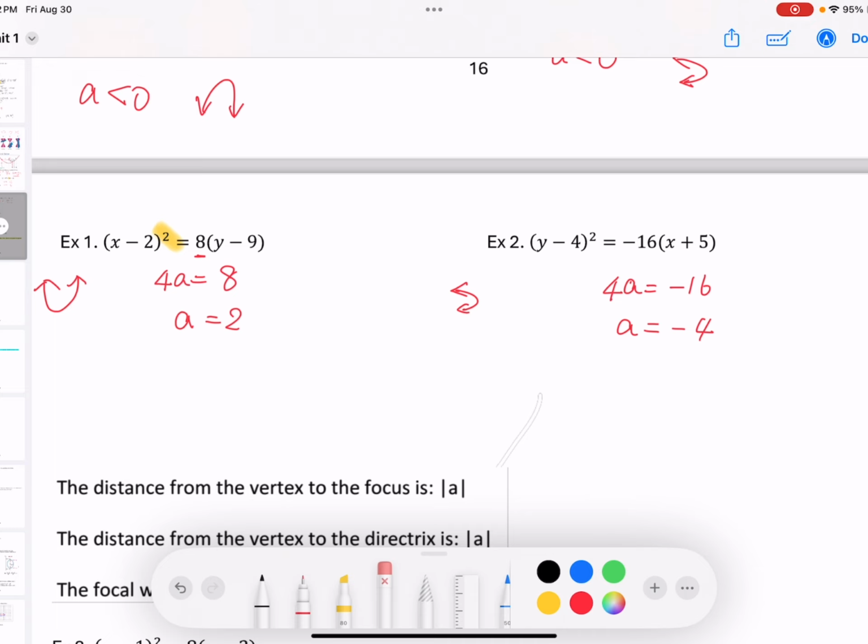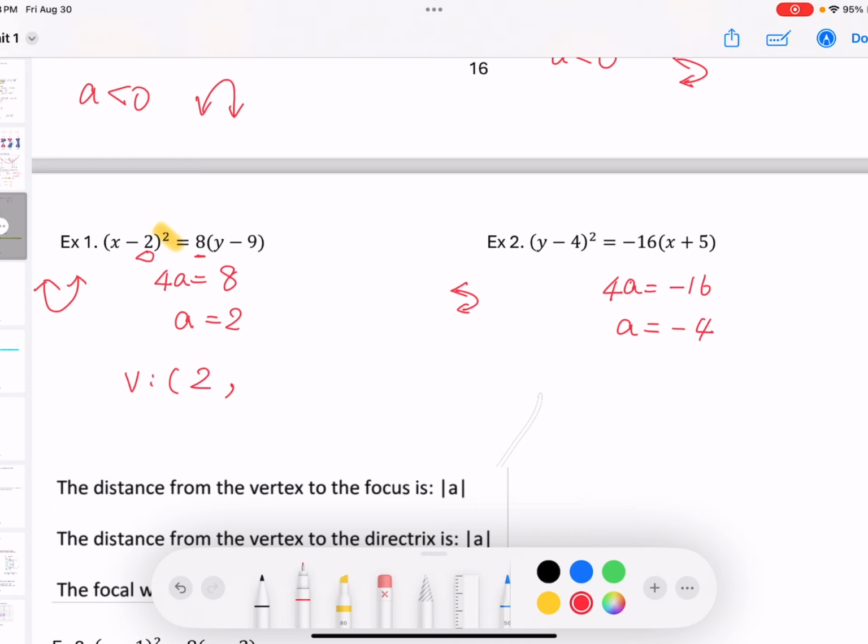So we only keep this. I forgot to decide the vertex. So the vertex is a point, h comma k. So let's see the example 1 vertex. Where is the h? Okay, on the x side, x minus 2, then my x coordinate is positive 2.